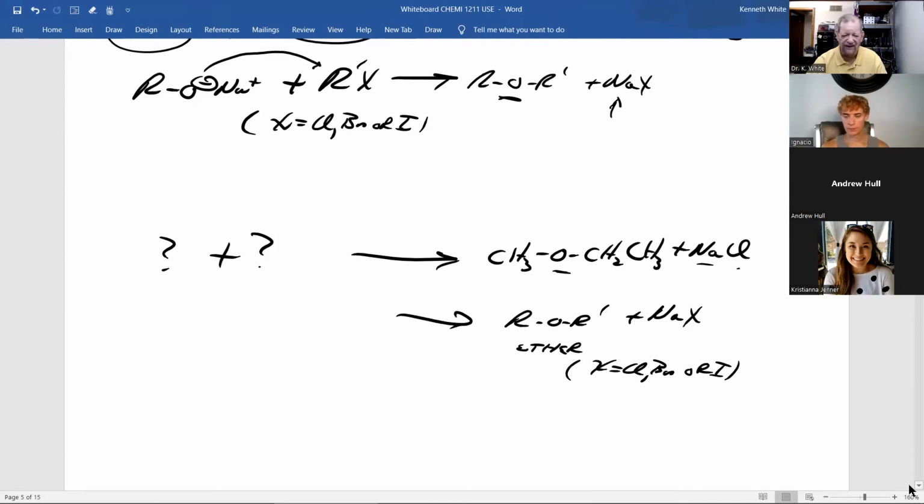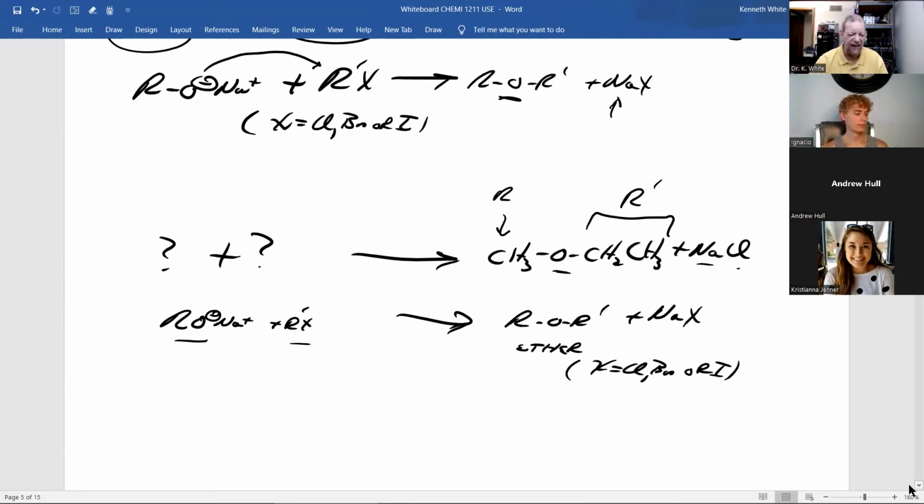And how do we make an ether? The Williamson ether synthesis. And you have an alkoxide and an alkyl halide. So I can call this R. And this I'll call R prime.